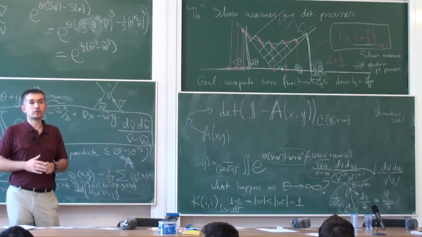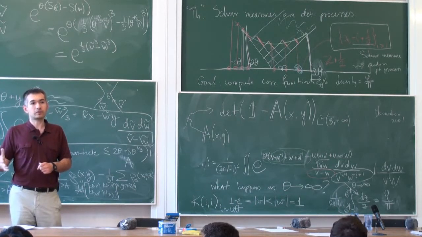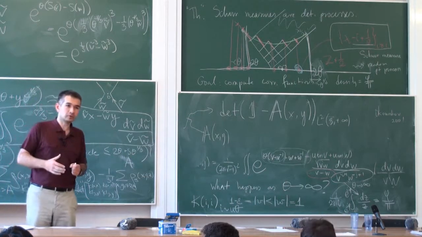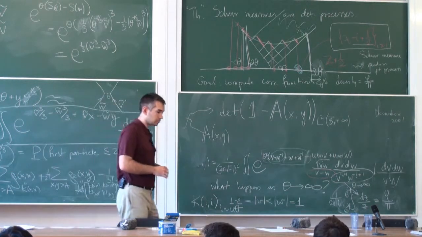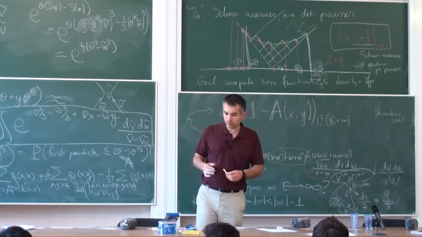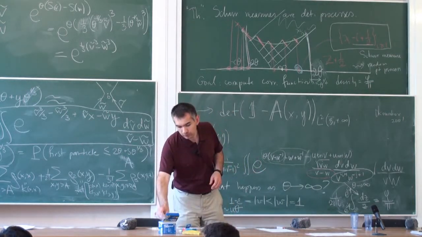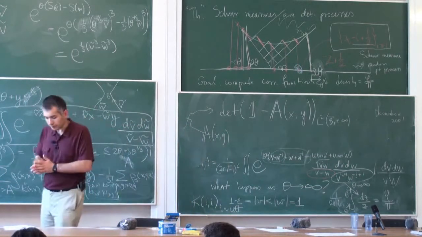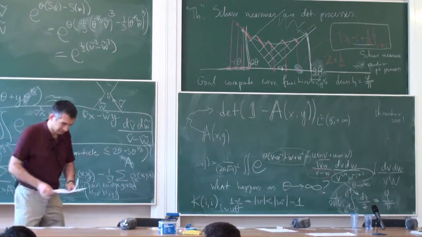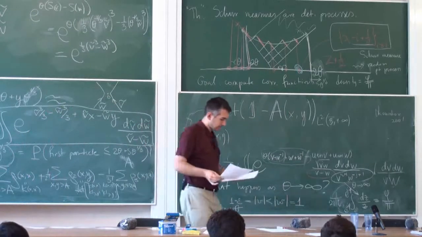Now I want to go the other way. I want to take something related to Schur functions and get probabilistic models out of it. And then in the final lecture, I'll take something more general and we'll show how to get the finite temperature polymers out of that. All right, so that's good for today. Thank you.